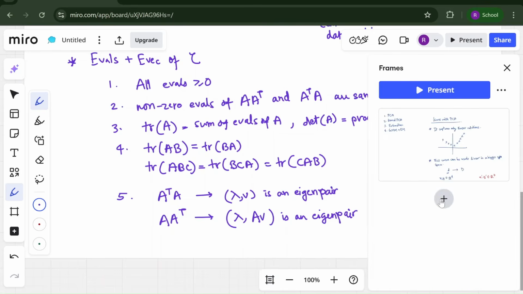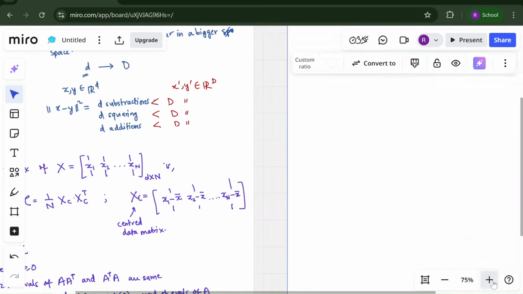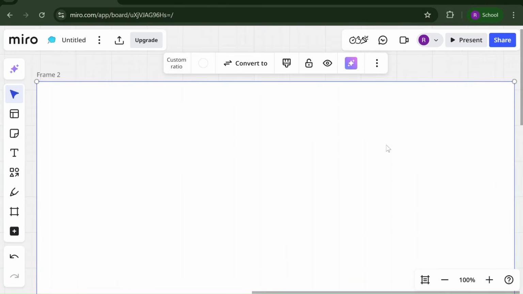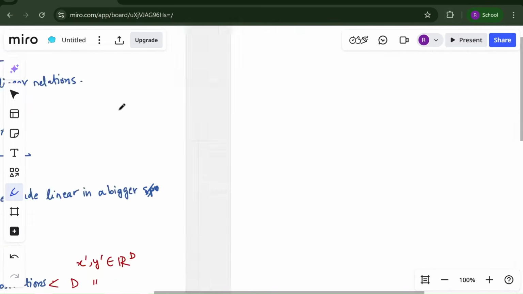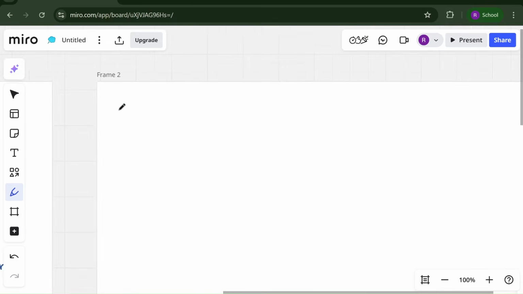Let me add a new frame. All right. What else do we have? Yeah, so what was the last point I wrote here? Fifth point, right? So the sixth point is somewhat related to the fifth point.